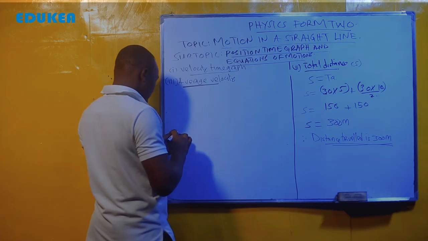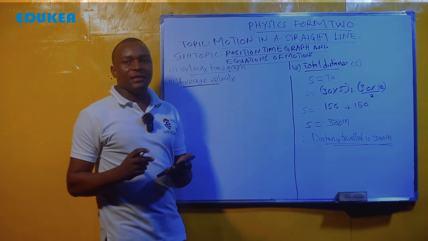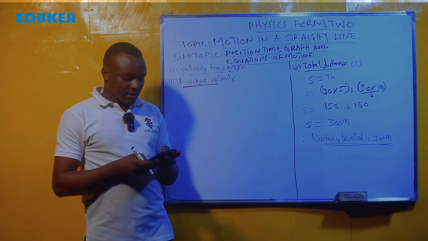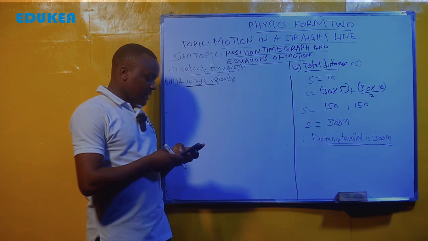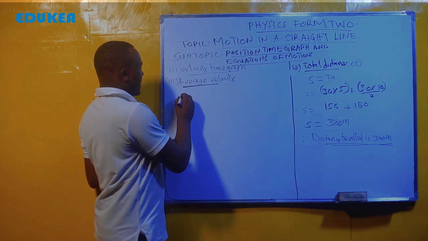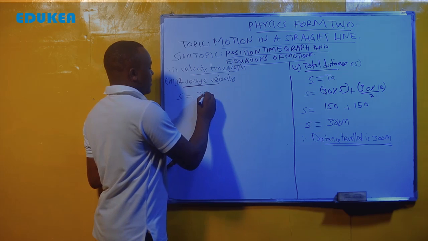We know that we already calculated the distance. We already have the distance traveled, which was 300 meters, and we have a total time taken for the boat of 15 seconds.